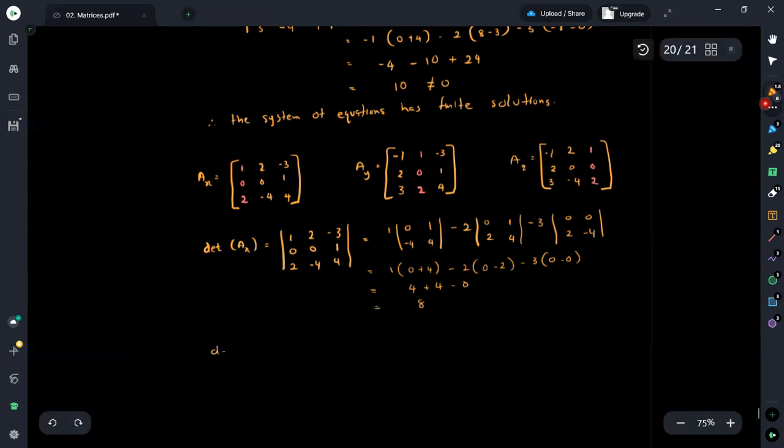Then we need to take the value for the determinant of Ay. It is minus 1, 1, and minus 3, 2, 0, and 1, 3, 2, and 4. It is minus 1 times the determinant of 0, 1, 2, and 4. Again minus 1 times 2, 1, 3, and 4, minus 3 times 2, 0.